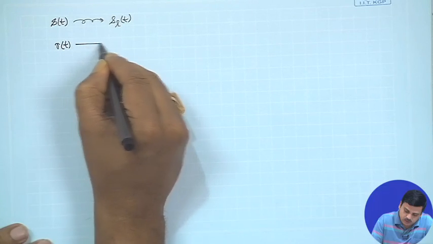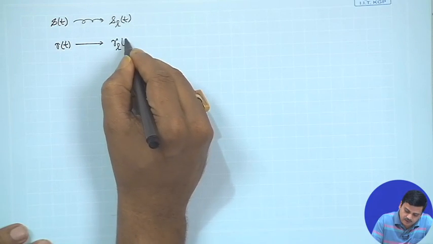Then we moved on and we said that, well, you have a passband signal which goes into a band pass channel, and definitely the signal that comes out of this would also be a band pass signal, and we call this R of t. So we connected R of t to correspondingly RL of t.